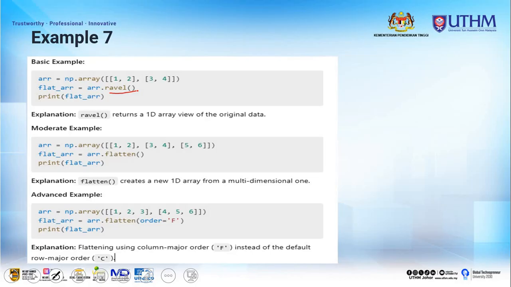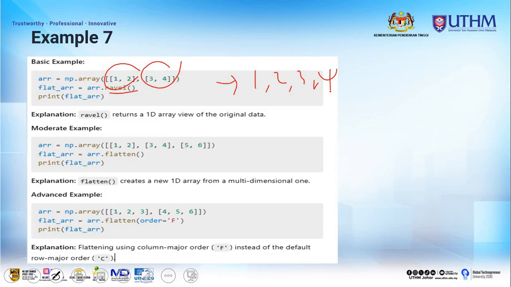1, 2, 3, 4. This one is separated, you can see, right? Now it will become 1, 2, 3, 4, something like this. Next, flatten creates a new one-dimensional array from a multi-dimensional one.